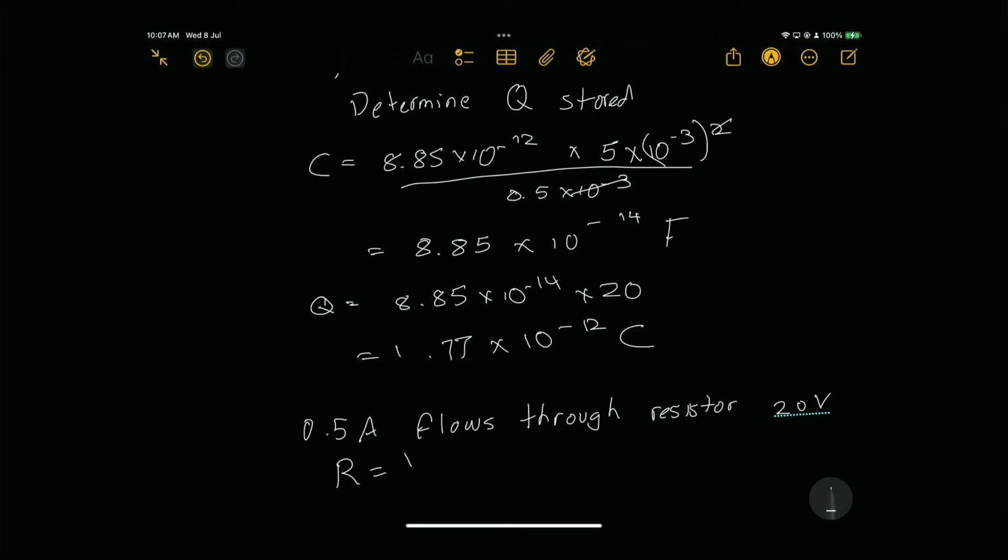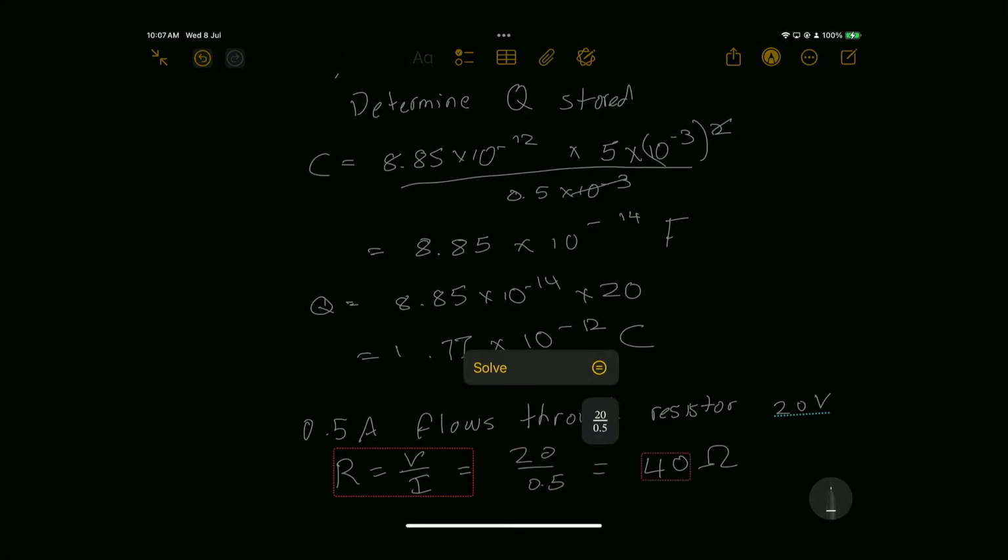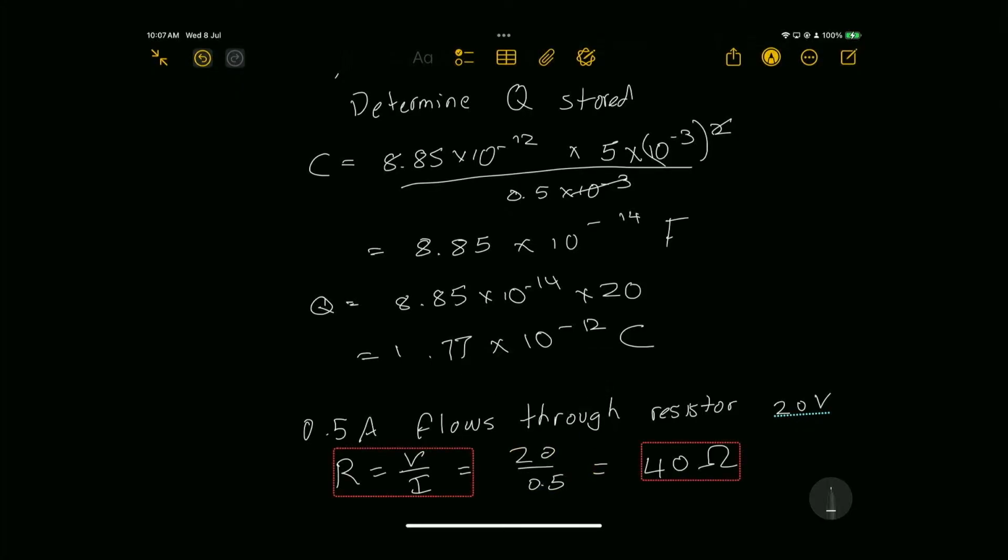R is equal to V over I, which in this case would be equal to 20 over 0.5, which would be equal to 40 ohms, right? So that is a simple question on Ohm's law.